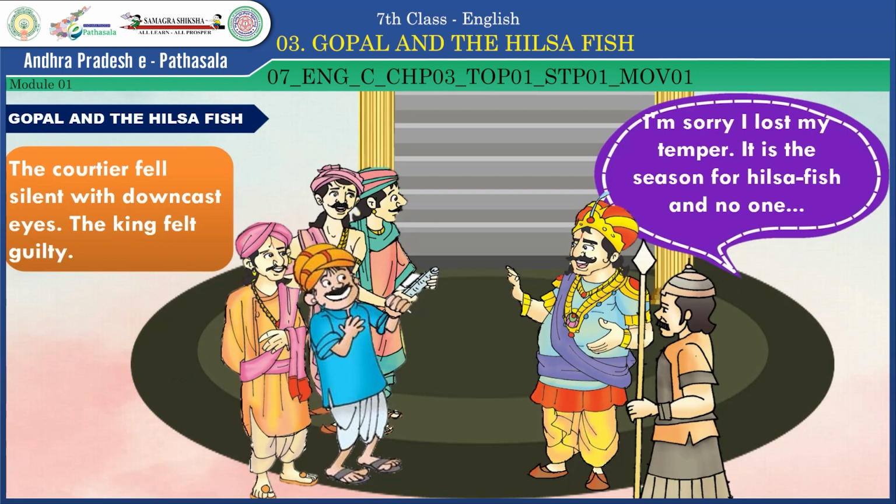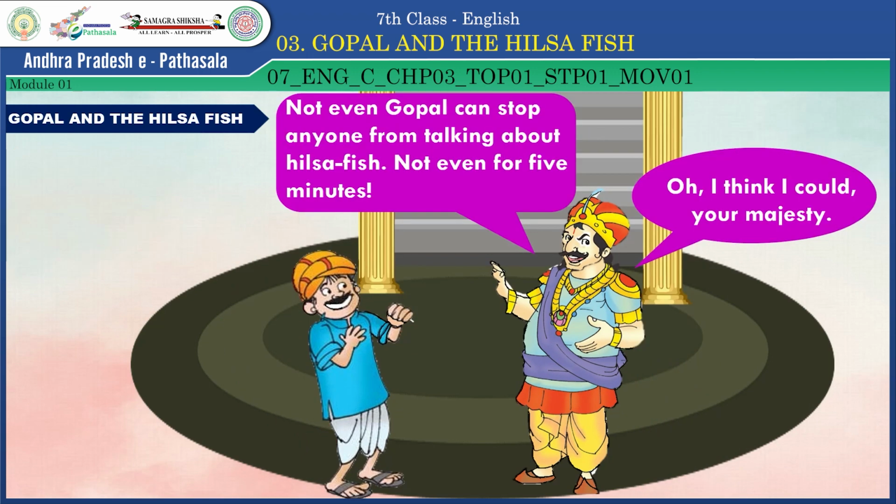The courtier fell silent with downcast eyes. The king felt guilty. "I am sorry. I lost my temper. It is the season for hills of fish, and no one, not even Gopal, can stop anyone from talking about hills of fish.